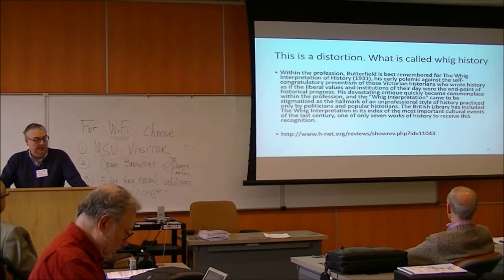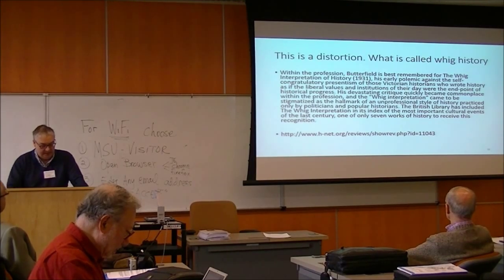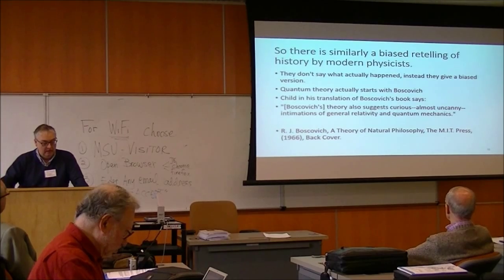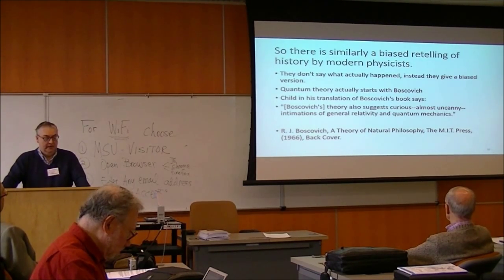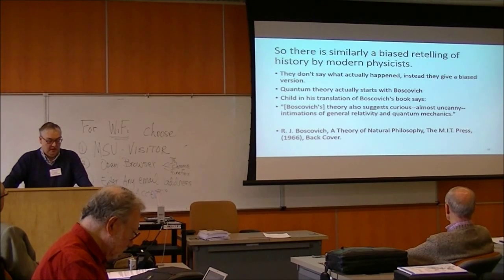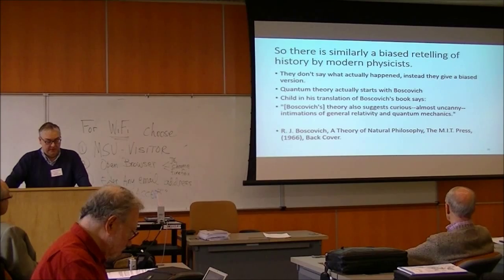And this sort of thing is what we could call a distortion, what we call a weak history. They are presenting a history which is not completely accurate when they say that Planck started quantum theory. There's a biased retelling of history by modern physicists. They don't say what actually happened, and instead they give a biased version.